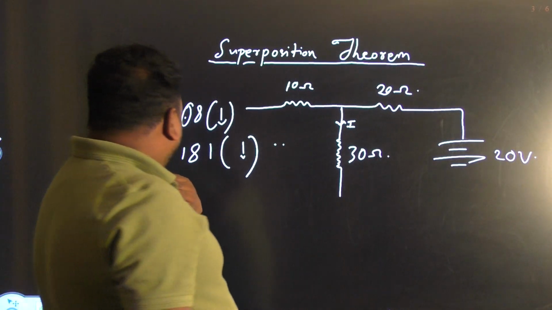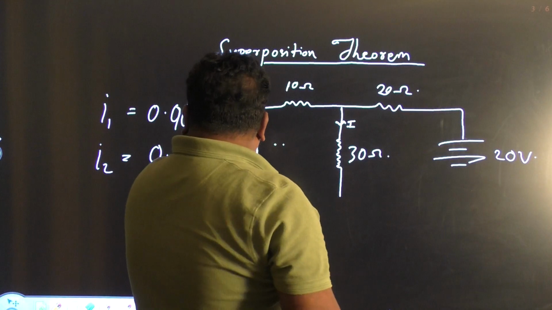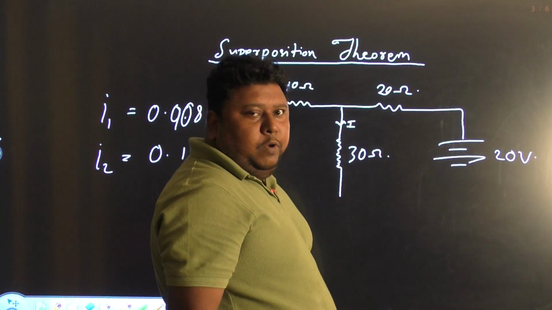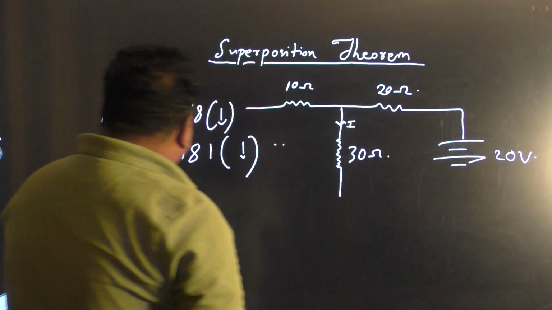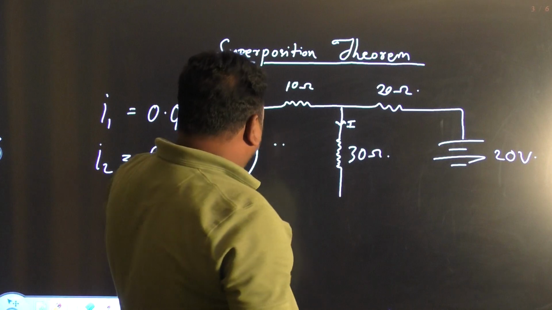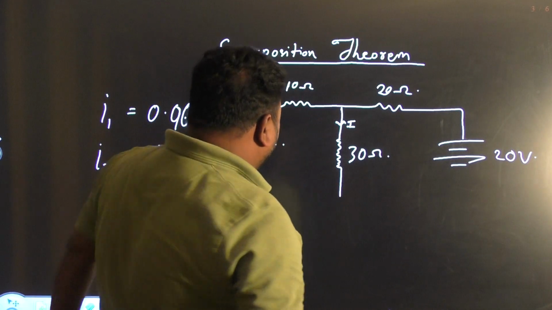So my final step is to add these 2 currents. All of you know, if the current directions are same, we have to add the currents. If the directions are opposite, we have to subtract the values. Very simple, as you can see, both the currents are flowing downward in 30 ohm.